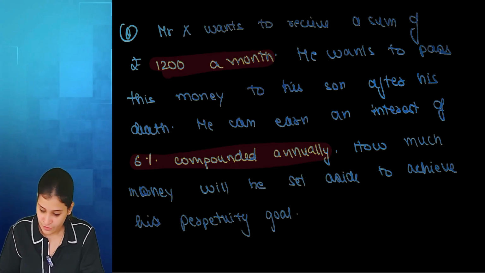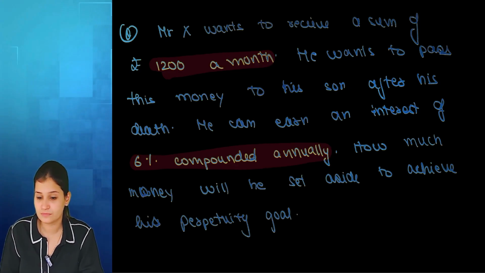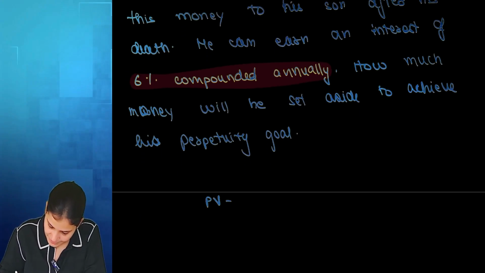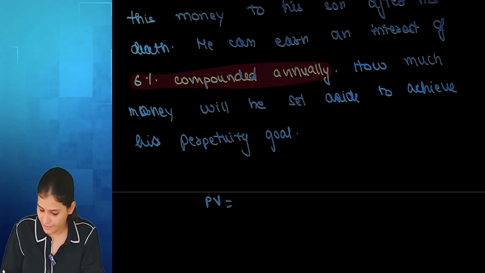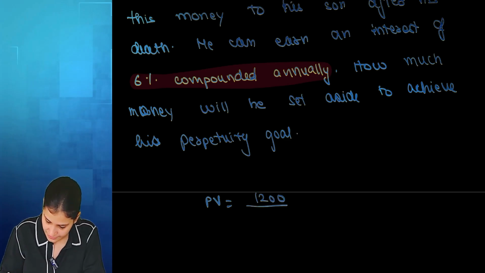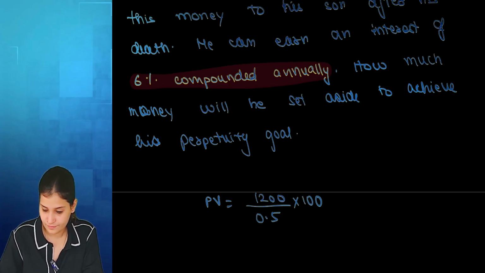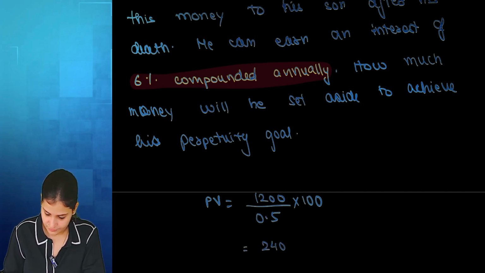Which formula will be used? Ordinary. We want to find present value because the annuity is already provided, so 1200 divided by 0.5%. 2,40,000.